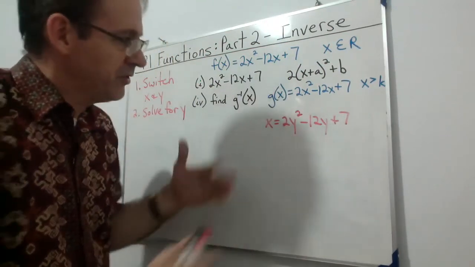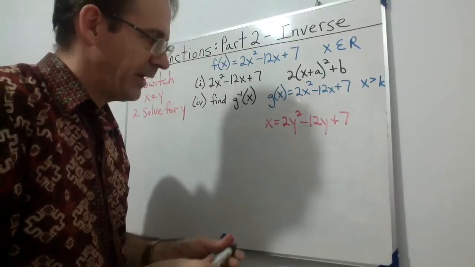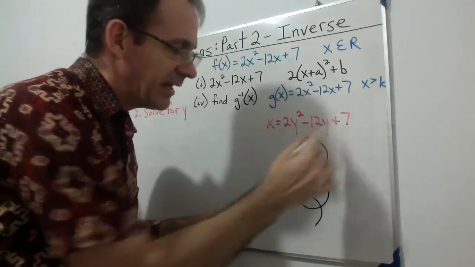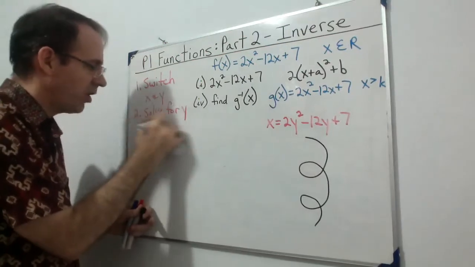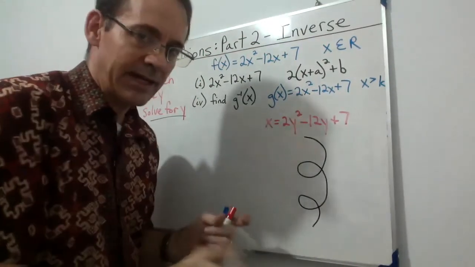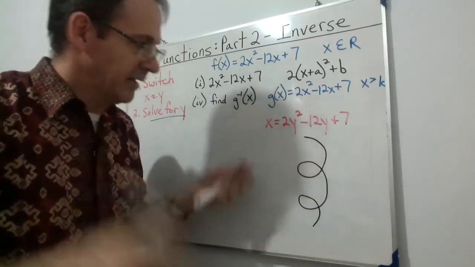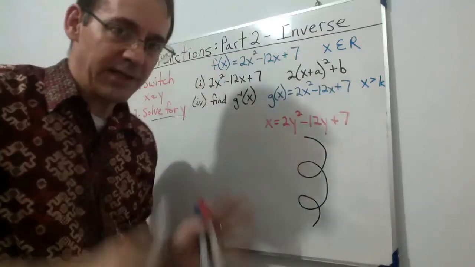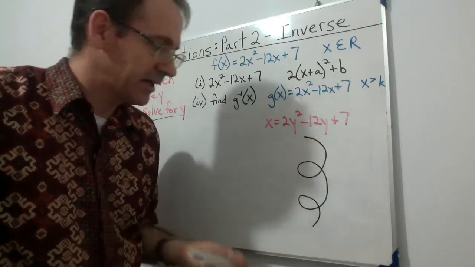And so students switch x and y, and then they spend a lot of math going in circles and circles trying to get the y by itself. They're trying to solve for y, and they can't get the y by itself because you have a squared and a first power. And some students literally will do a whole page of work, and eventually they give up because they get stuck.